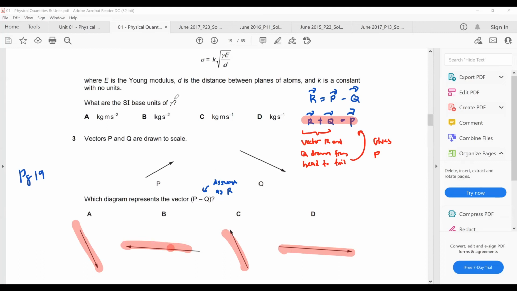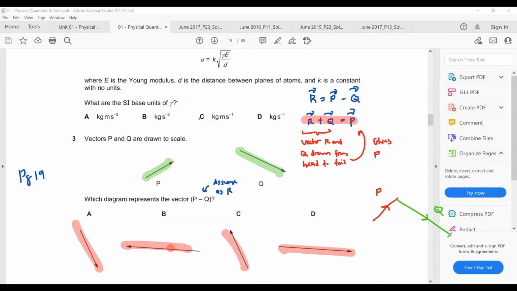Okay. So the simplest way I normally find is you try to draw these two vectors first, the ones that are already given to you. Say right now, vector P is this. Then vector Q is something like this.